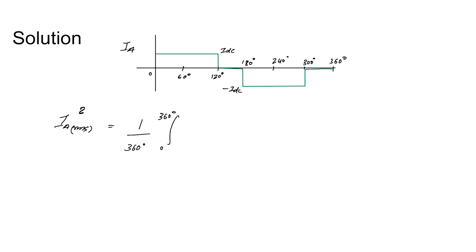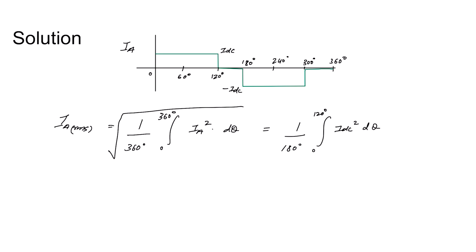Now as I is symmetric over the period, that is the positive cycle and the negative cycle are similar to each other, we can evaluate over one cycle only. So for the positive cycle, I exists only for 0 to 120 degrees, so we can evaluate the I RMS over 0 to 180 degrees, given as 1 upon 180 times the integration of 0 to 120 degrees IDC squared d theta.